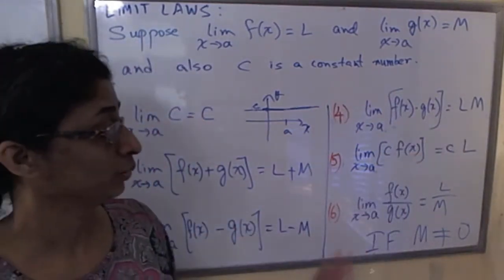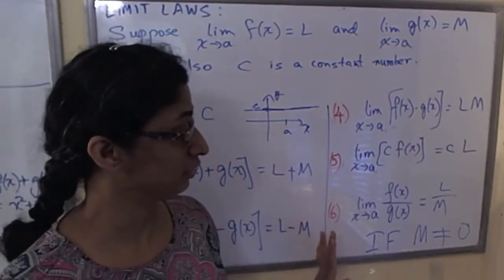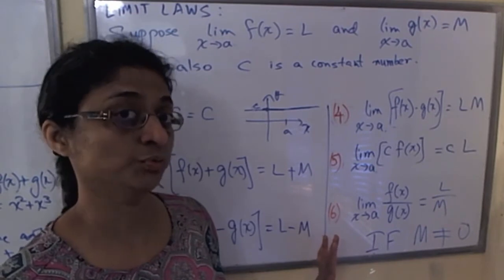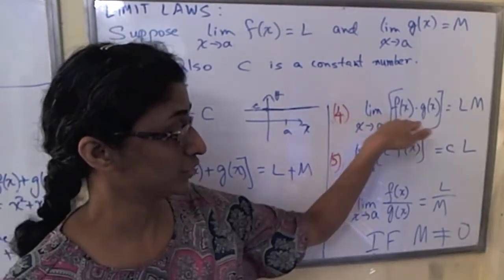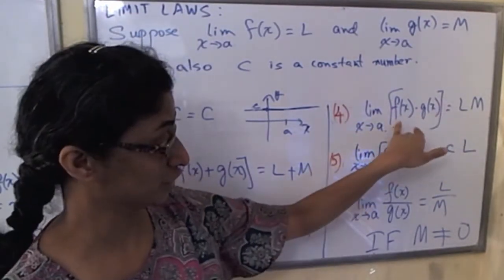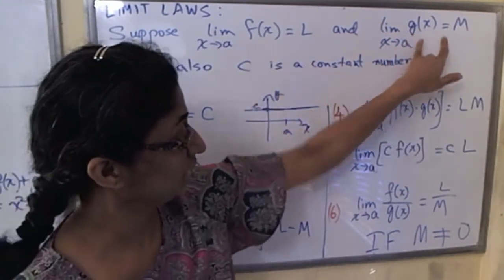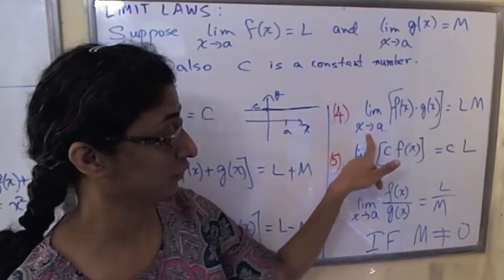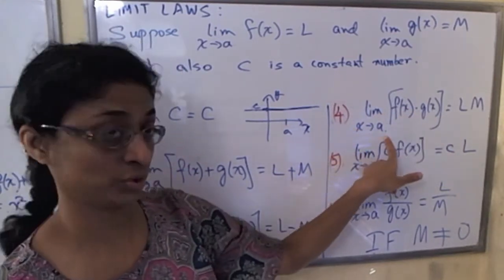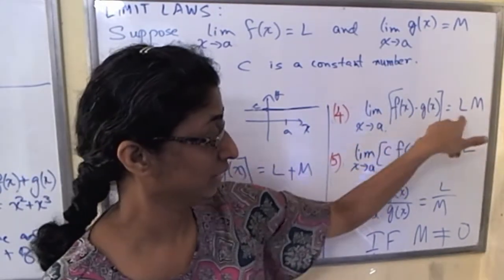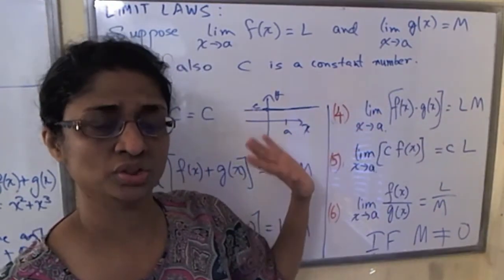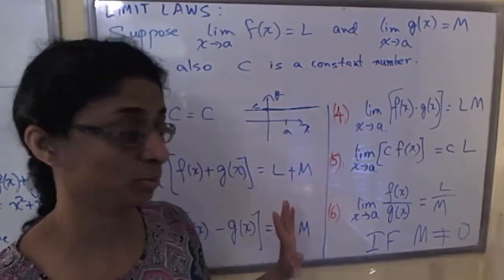Once again, we're keeping our discussion at an intuitive level, so no formal proofs. You can convince yourself of this by taking two functions, f of x and g of x, finding the limits separately, and then creating a product and finding the limit of the product as x approaches a, and see if this is true or not. So you're just informally convincing yourself, no formal proofs.